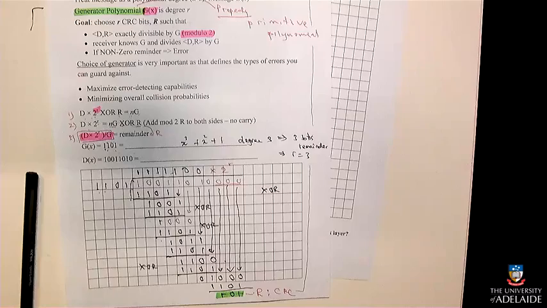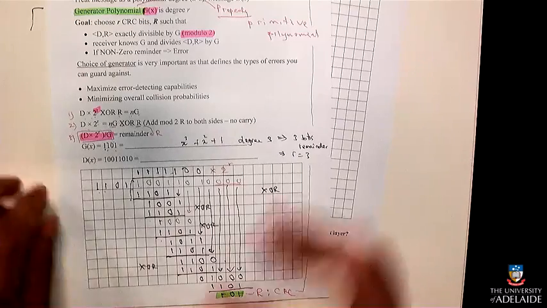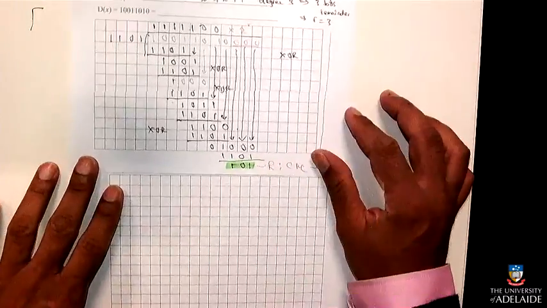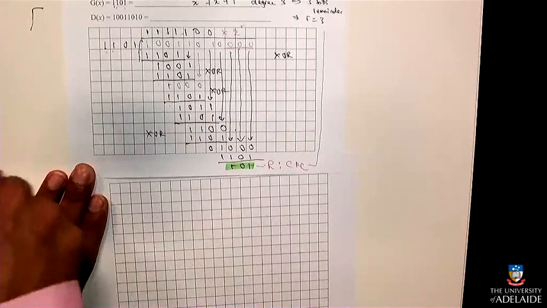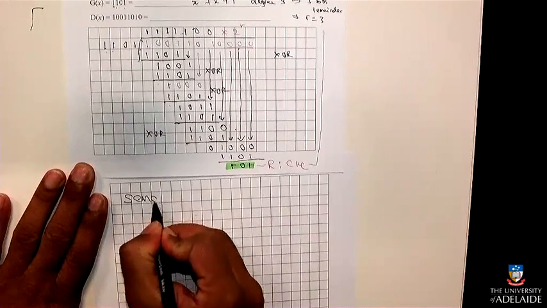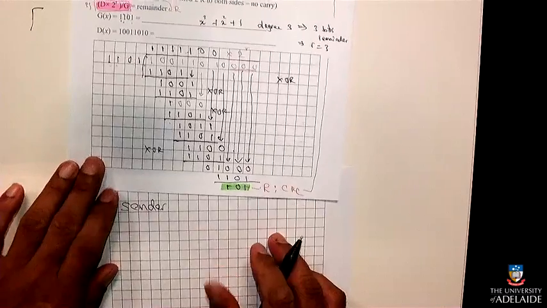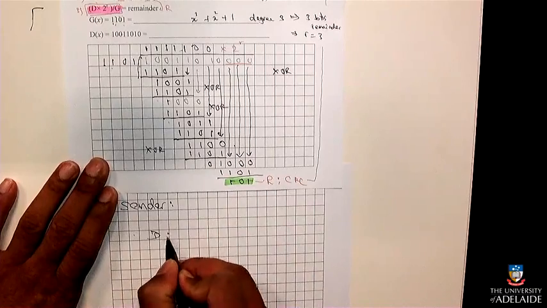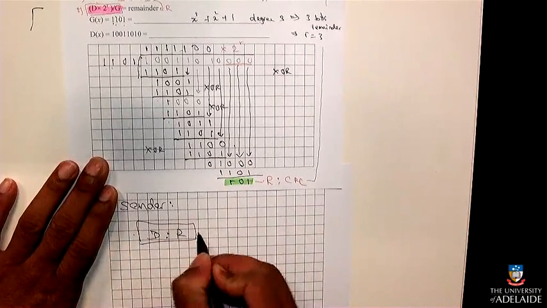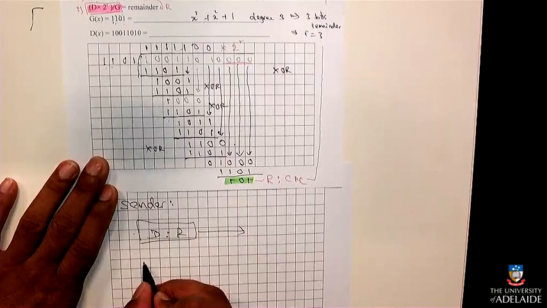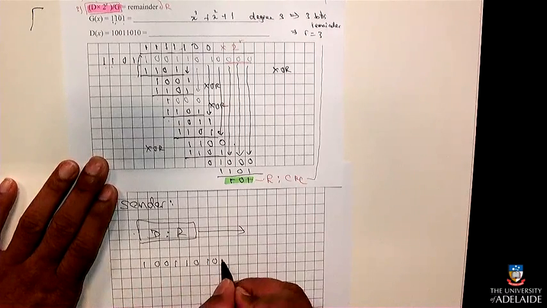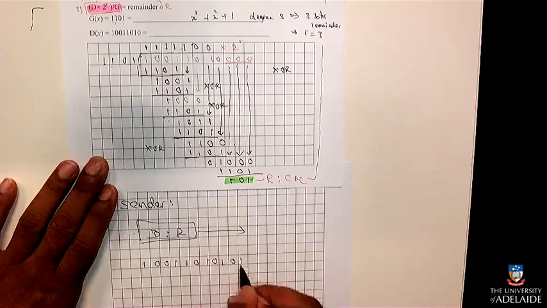So what we send is this: the sender that's using this generator polynomial would typically send the data and your R. In this case it will be 1, 0, 0, 1, 1, 0, 1, 0, and your R is 1, 0, 1.